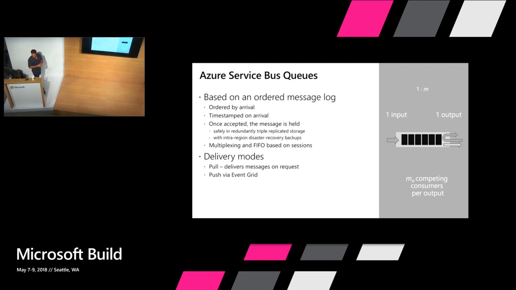Then Service Bus has two basic delivery modes. These delivery modes are pull and then push via Event Grid. Pull is classic polling, meaning you have a loop which calls the server multiple times and checks if there are new messages. Then we have a concept we call long polling, meaning you open a request to the server.